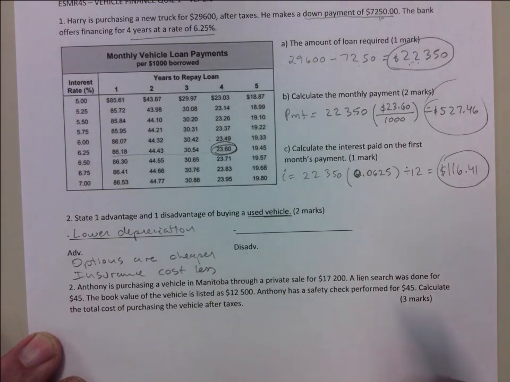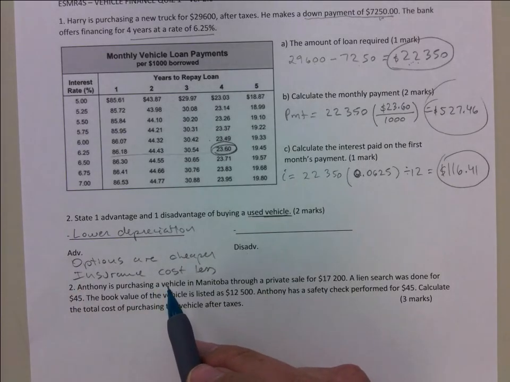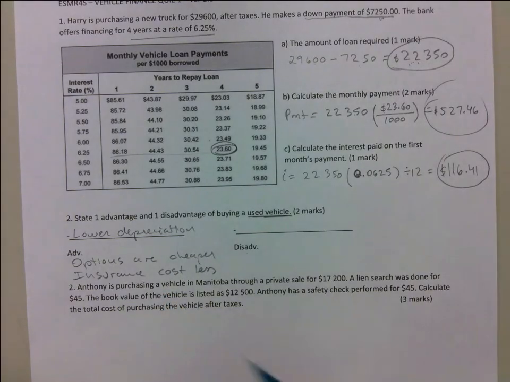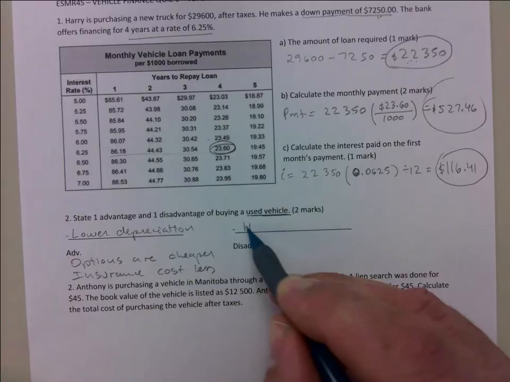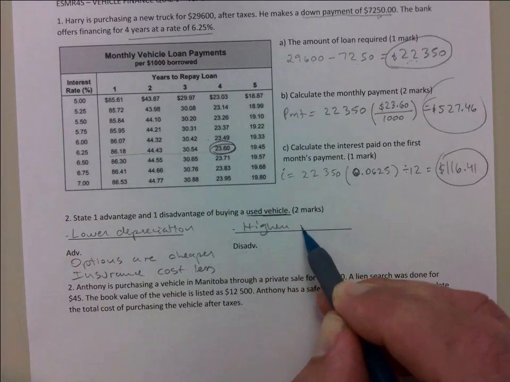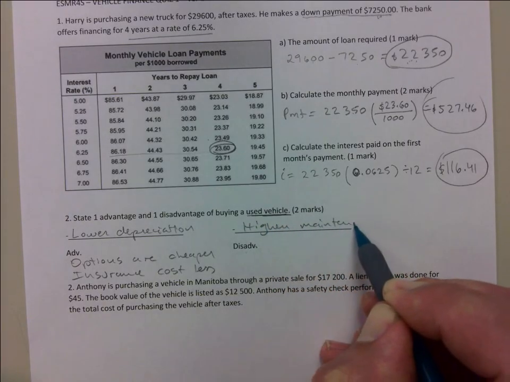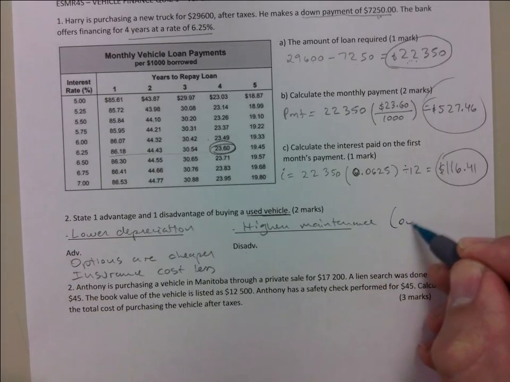And so forth. If you buy private, you only pay the one tax, right? You only pay PST. That is one thing you need to make sure you understand as well. But they're not telling us it's a private sale, so we're not going to use it. Disadvantage, higher maintenance. Out of warranty, you can say.